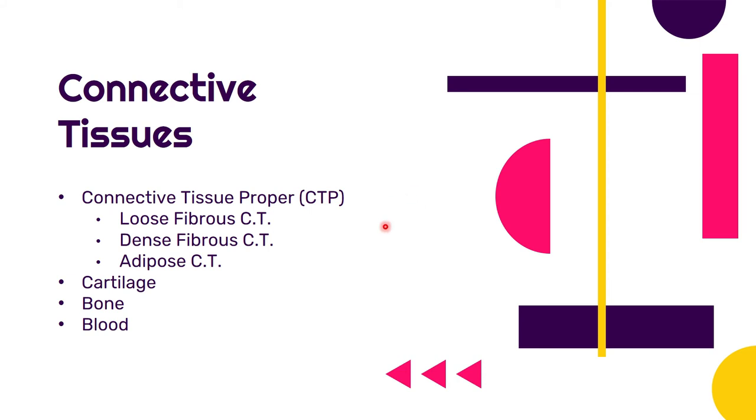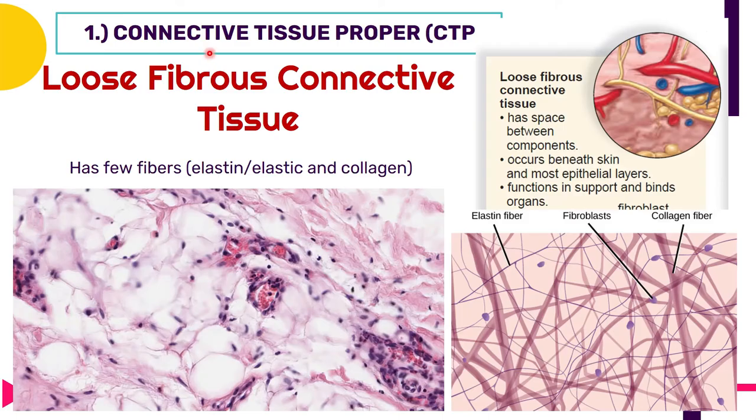So let us go to connective tissue proper. The first specific type of connective tissue proper is the loose fibrous connective tissue. Sa inyong module, it says loose connective tissue only. Okay, but that is loose fibrous connective tissue. Okay, so why is it called loose fibrous connective tissue?